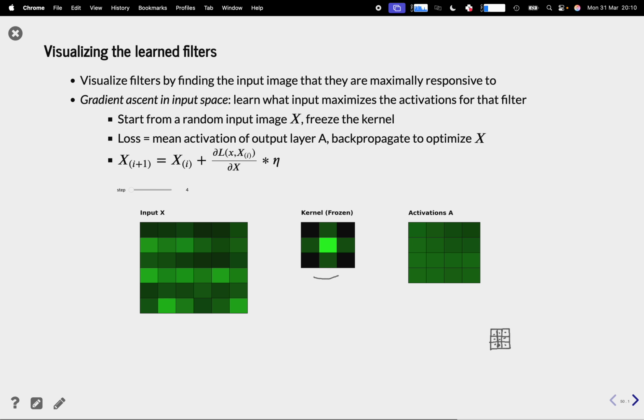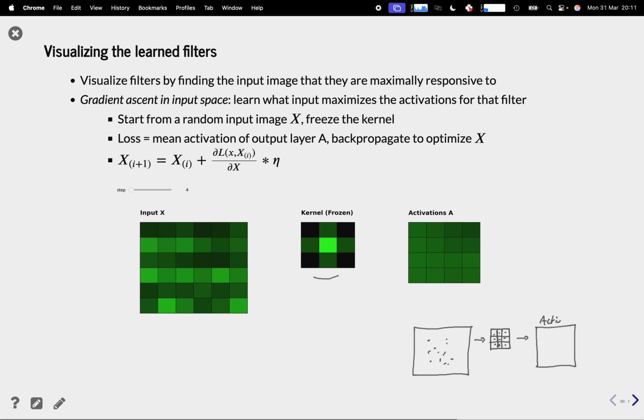We can try to visualize that by taking a random input image, purely random noise, feeding that through the filter and looking at the activation. Now, if the activation is high, it means that the filter is responding harshly to the input image.